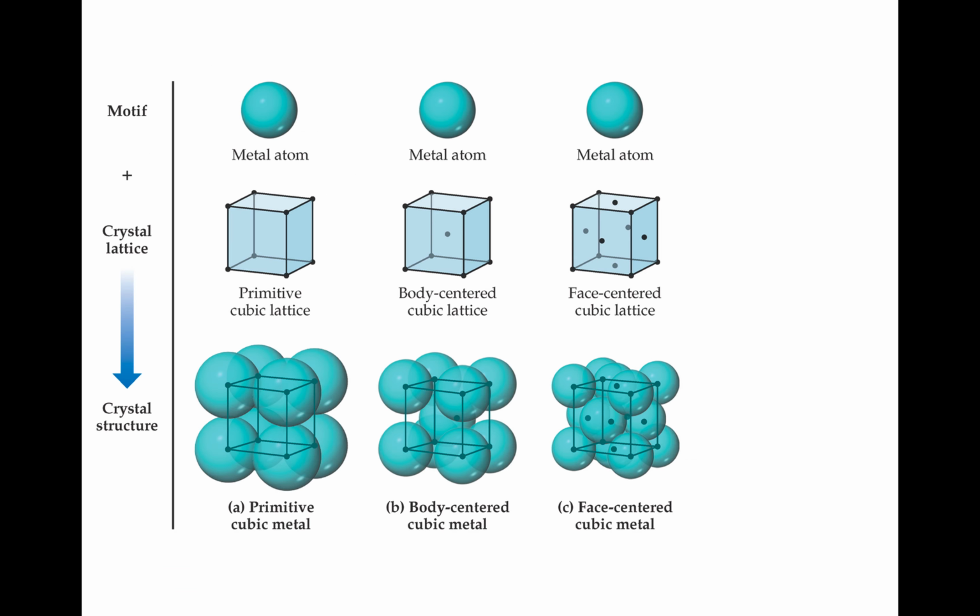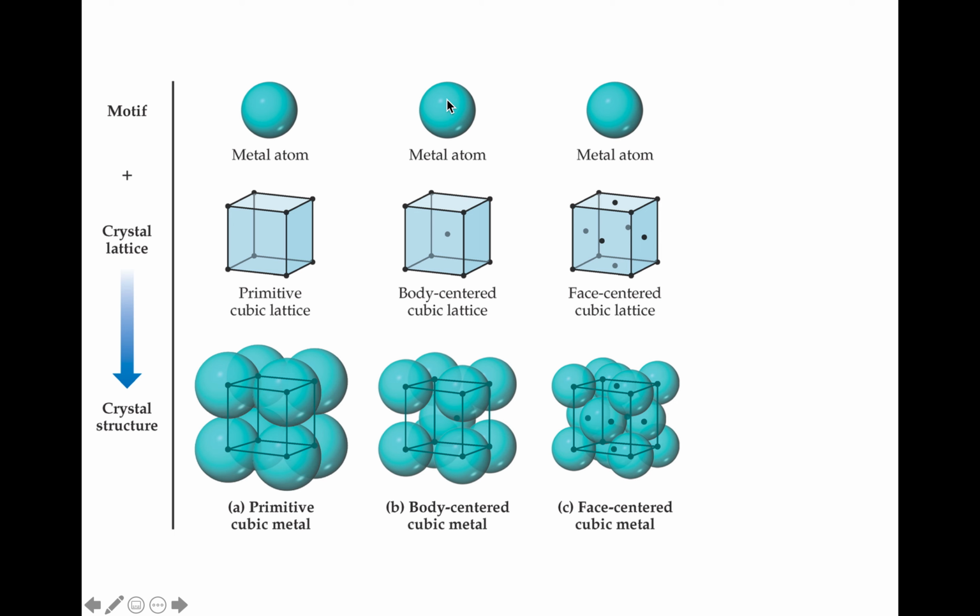So here we're looking at ones where we're looking at metals. Within metals, an elemental metal like gold, for example, the motif can be just that particular metal atom. You could place it at all of the points in a primitive cubic lattice. That's what it's showing at the bottom. It's combining the motif with the crystal lattice to get the crystal structure.